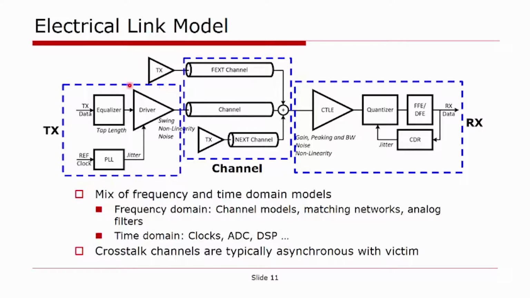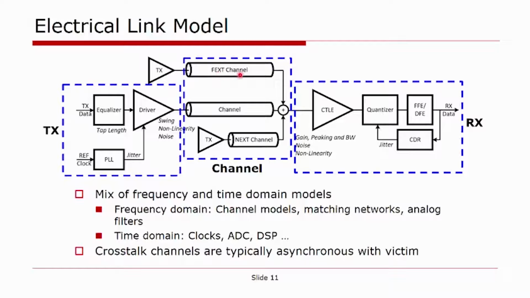There are a set of components that constitute the transmitter, a set of components that constitute the receiver, and then the channel in between. And as we'll see later, we can use a mix of time and frequency domain representation for these different components. One important thing to note for the channel modeling aspect is that it's very important to include the crosstalk channels, since this is an increasingly important effect in the context of high-speed multi-level signaling like PAM4.